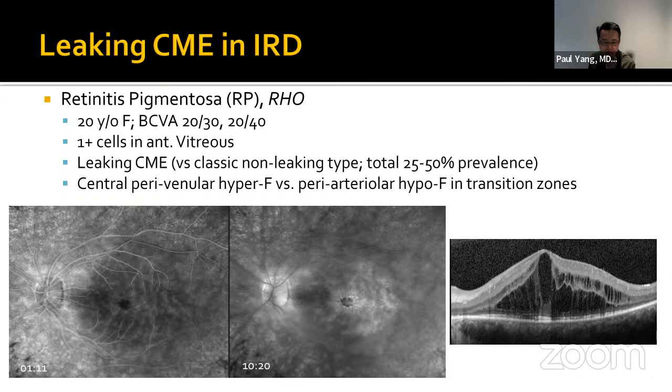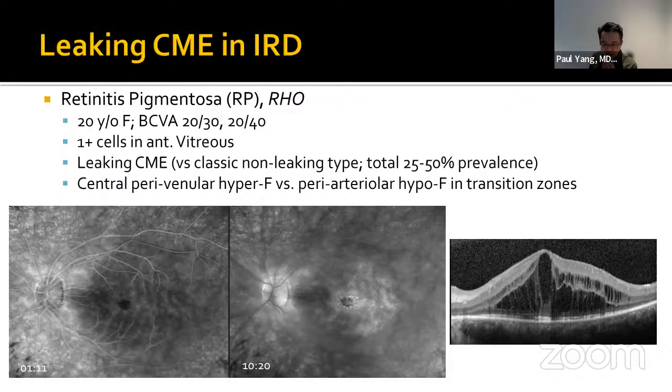You'll also notice in the left panel, the fluorescein angiography in the early phase, that next to the macula, there's this perivenular hyperfluorescence juxtaposed to a periarterial hypofluorescence.